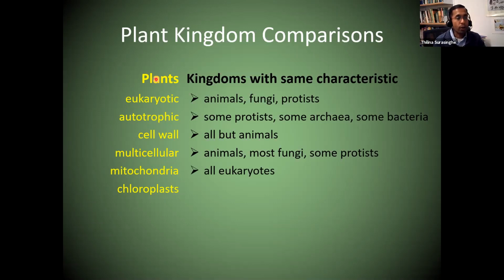Mitochondria, well, all eukaryotes have mitochondria. Chloroplast, there are some protists that have chloroplast, but bacteria and archaea, even those that are photosynthetic, do not have chloroplasts, right? Now, there are arguments about how some protists actually have chloroplast. Is it by ingesting plant material and then retaining the chloroplast but digesting the rest of the plant material?